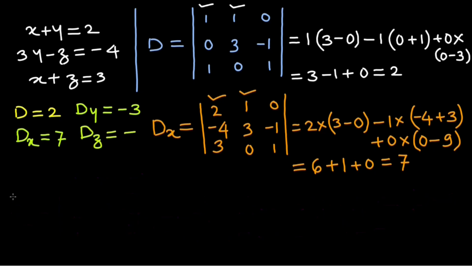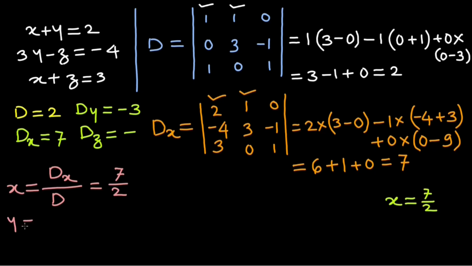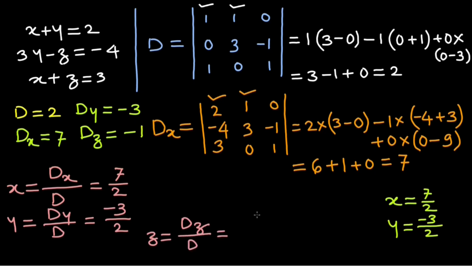Now according to Cramer's rule, the value of x will be Dx by D, which will be 7 by 2. So we get x equals 7 by 2. Next, y equals Dy by D, which will be -3 by 2. So y will be -3 by 2, and z will be Dz by D, which will be -1 by 2.